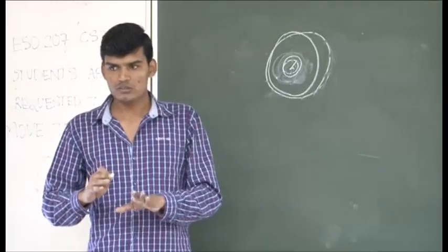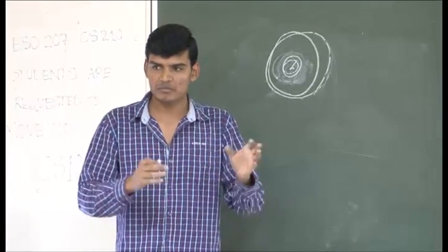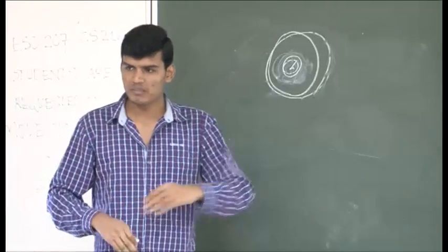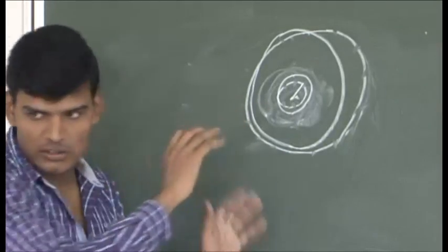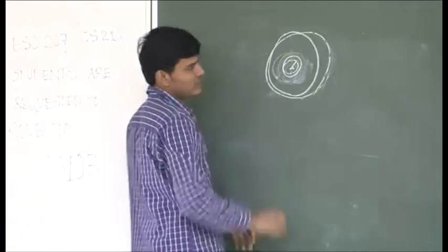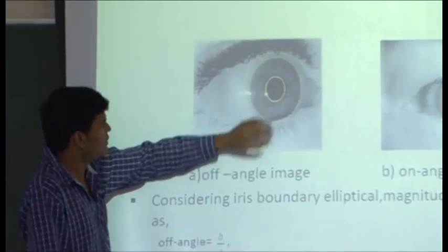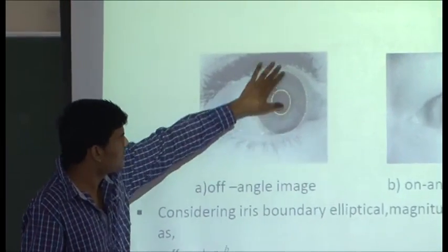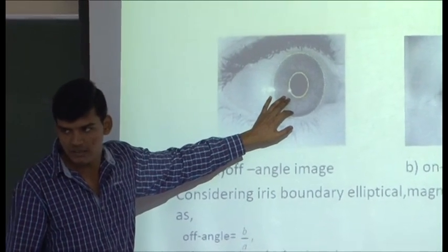We do not know that it is the radius of the inner circle. It can be in between the inner and major, and yes, it can be higher than the major. So if we threshold it, since these points are low intensity, this all become 1 and this all become 0 after binarizing.